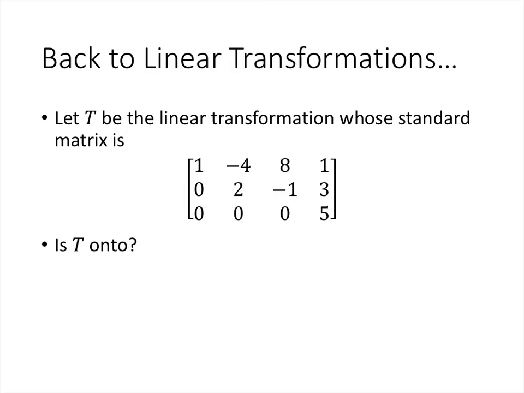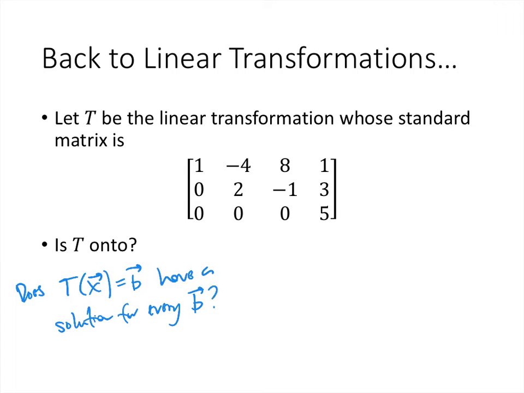So let's use these words in context. If we have a linear transformation, and now we know that every linear transformation is a matrix transformation, suppose the standard matrix for that transformation is given here. Is this linear transformation onto? Well, what this is asking us is whether the equation T of x equals b has a solution for every possible b.